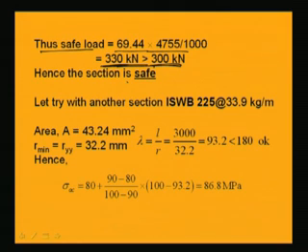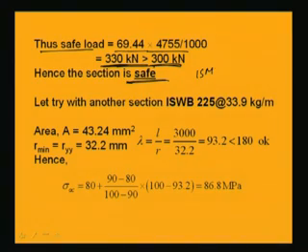So, we can say that the section is safe. So, what we have seen, that if we choose ISMB 250 section, then the section can carry the given load which is 300 kilonewton. In fact, the load carrying capacity of that section is 330 kilonewton.